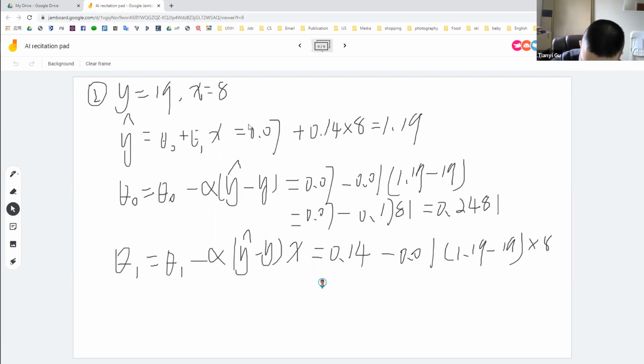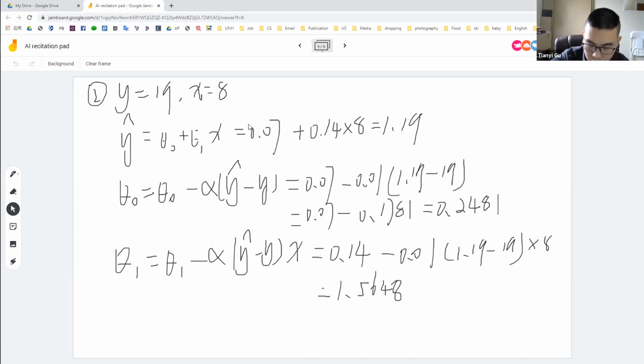So this gives us 1.5648. After the second update, theta 0 becomes 0.2481, so it's getting closer to 3. And theta 1 becomes 1.5648. Before it was 0.14, so it's getting closer to 2.